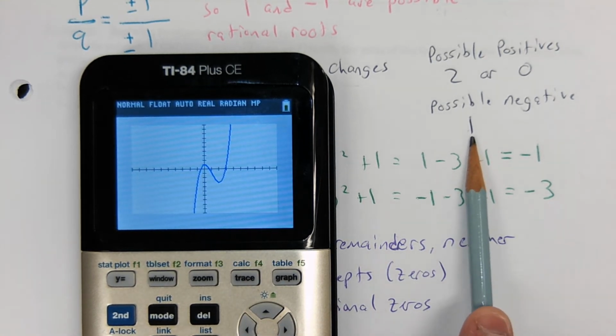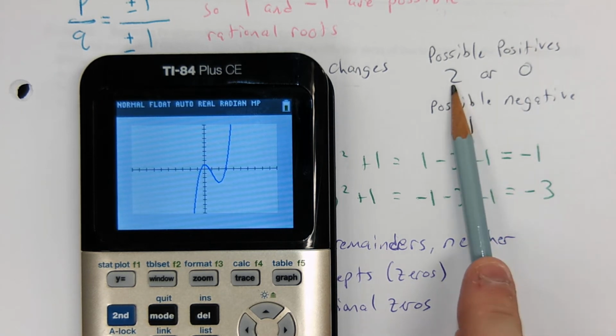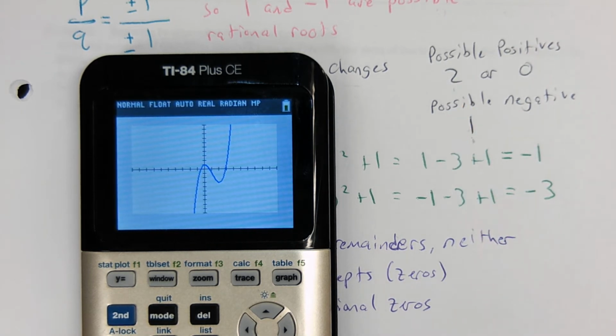Guaranteed that one of them was going to be a negative 0, and the other two were positive. And that does add up to 3. So cool. It works. They're just irrational, which means we can't really factor this thing. What do you think? Not too bad, right?